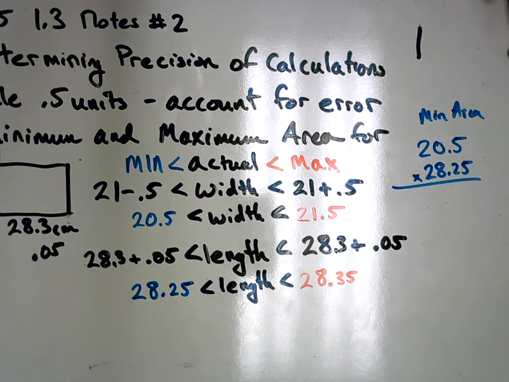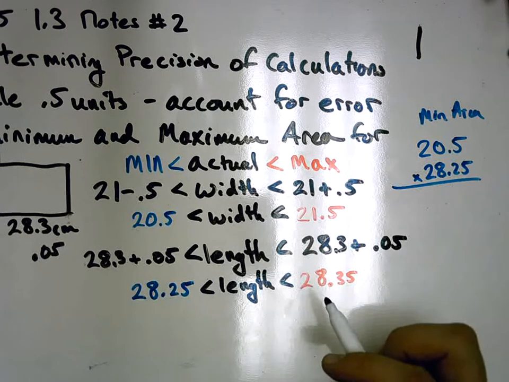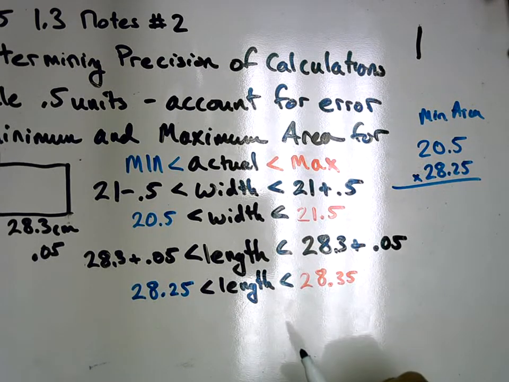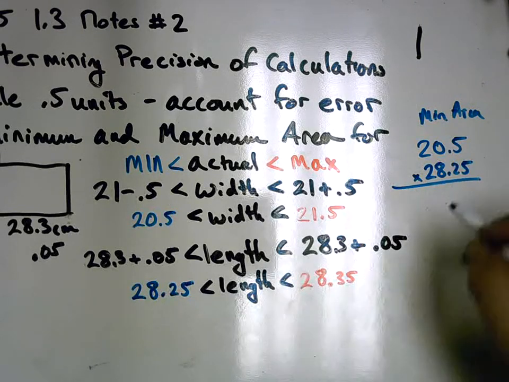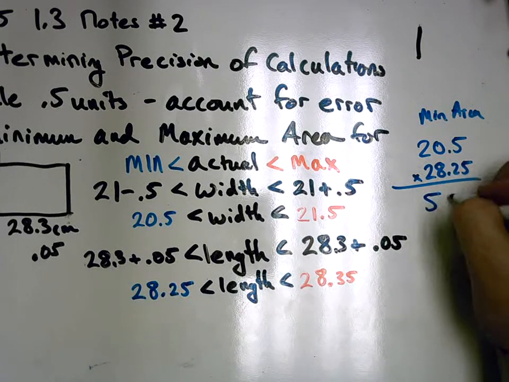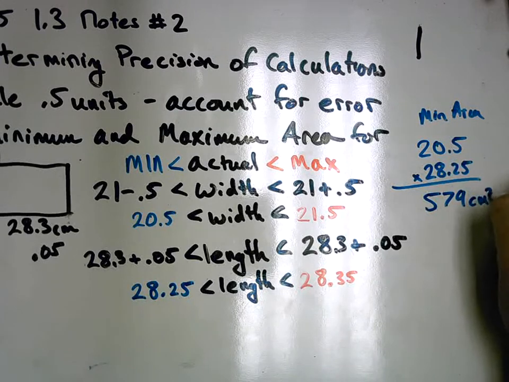Go ahead and try that on your own for a second. You can pause the video if you need to. So the minimum area should be approximately 579 centimeters squared.